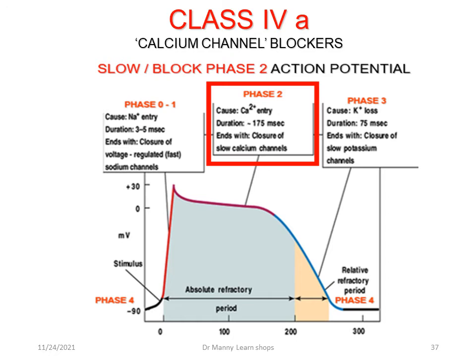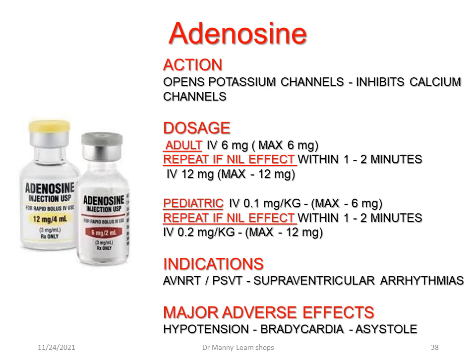Now, class 4A calcium channel blockers block or slow phase 2 of the action potential. Same as what we saw with class 4, but this is adenosine, which is a variant. Now, adenosine opens potassium channels and it inhibits calcium channels. In an adult, the maximum intravenous dose is 6 milligrams.